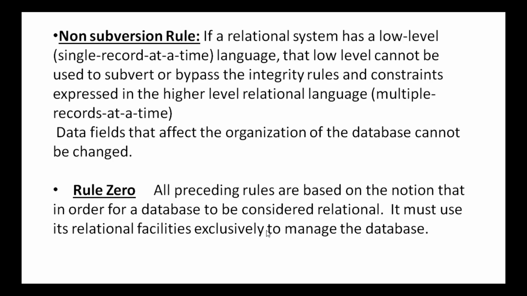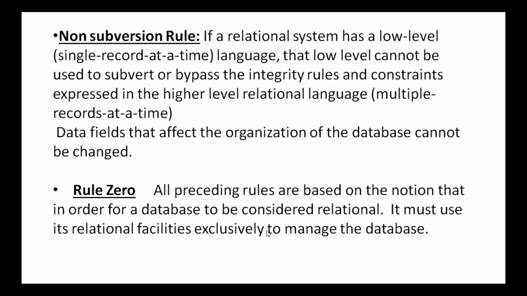So low-level commands, that affect a single record at a time, cannot bypass the integrity rules and constraints expressed in the higher-level relational language commands, those that affect multiple records at a time.